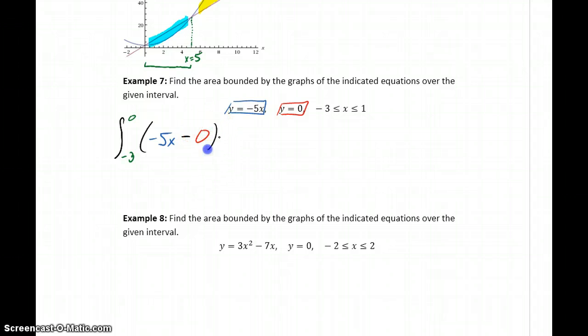minus 0 dx, and then plus the integral from 0 to 1, where now y equals 0 takes on those larger function values, so we would integrate 0 minus -5x.